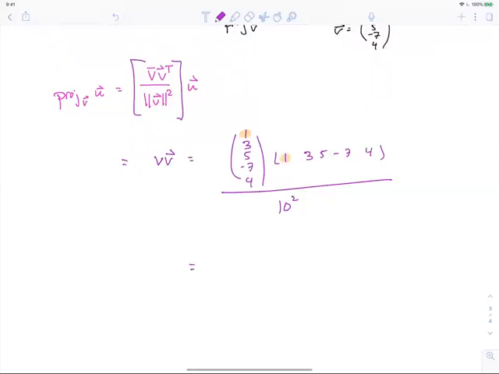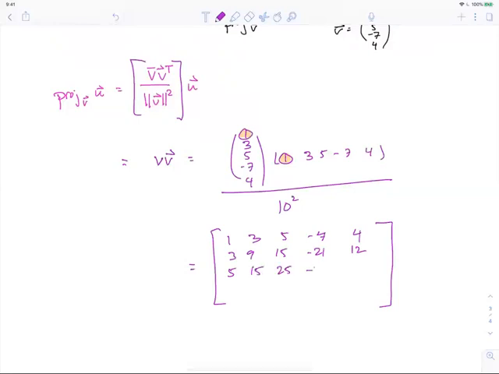So this should just be a matrix where the ij entry is just i of the first one times j of the second one. So this should be 1, 3, 5, minus 7, 4. Then the next one will have 3, 9, 15, minus 21, 12, 5, 15. It just keeps going.